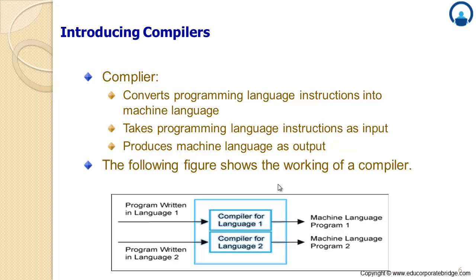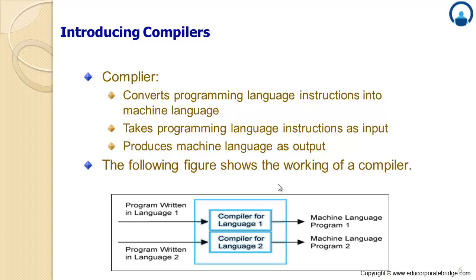Now, do we have one compiler which will work for all languages? The answer is no. If you have written a program in C and you want to compile it, you have a separate compiler for that. If you have a program written in Java, you have a separate compiler.